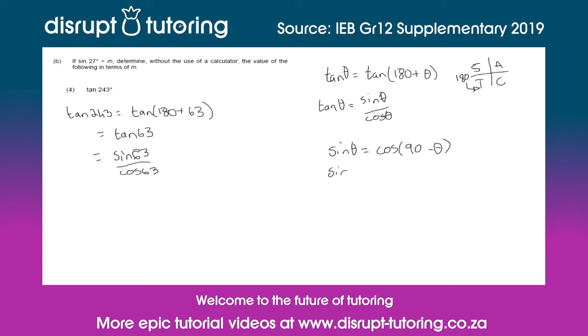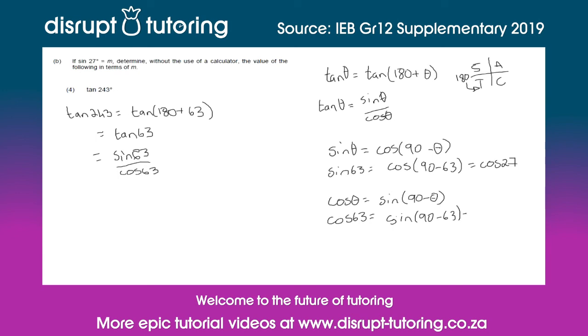So if we have sine of 63, this is going to equal the cos of 90 minus 63, which is going to equal cos of 27. And same thing goes for cos of theta equals the sine of 90 minus theta. So therefore, cos of 63 will equal the sine of 90 minus 63, which equals sine of 27.